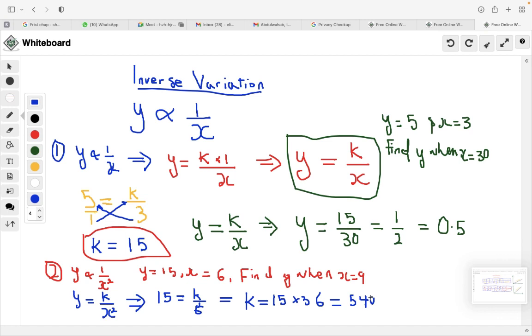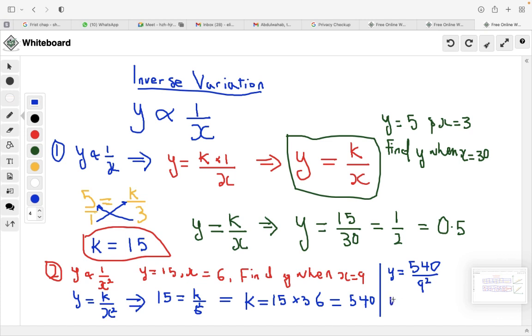Now, what will be the value of y when x is 9? So we say y equals, we know the value of k now, so we put it there, 1800 for the value of k, divided by 9 squared, because x is 9 now. 9 squared is 81.